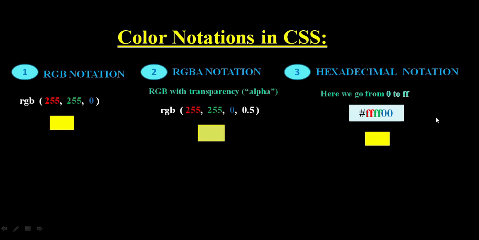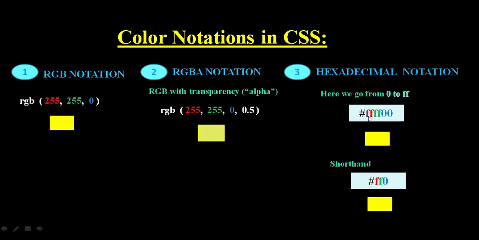In shorthand, when all colors are identical pairs, that means here in this case we are taking both letters as F, we can use a shorthand notation. For that we can easily use #FF0.